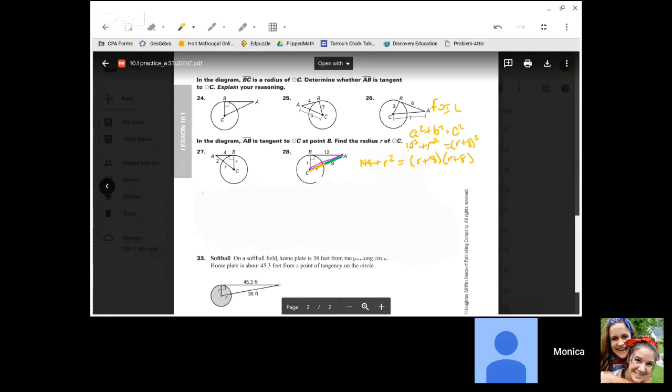the first ones. What are our first two terms that we're going to multiply together? Okay, so what's r times r? All right, so that's going to be r squared. And then next in FOIL is our outside. So what are our outside terms?